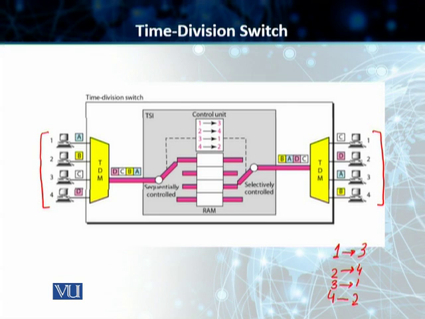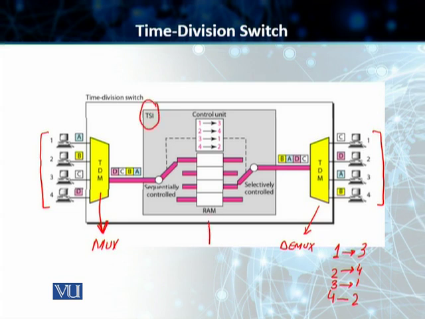Now students, as you can see, we have this TDM switch. It combines our TDM multiplexer, it has our TDM demux, and there is a TSI which consists of a RAM. So in the middle, you've got the time slot interchange.